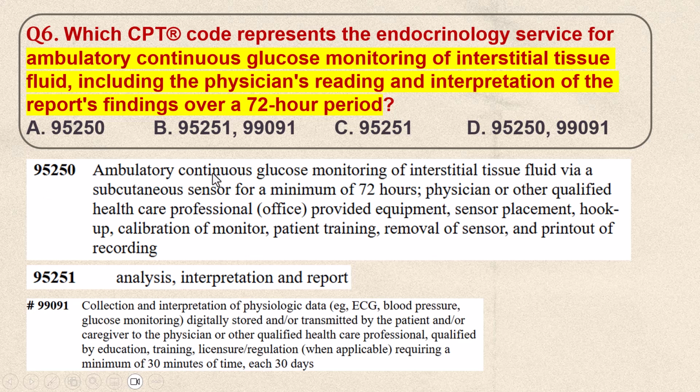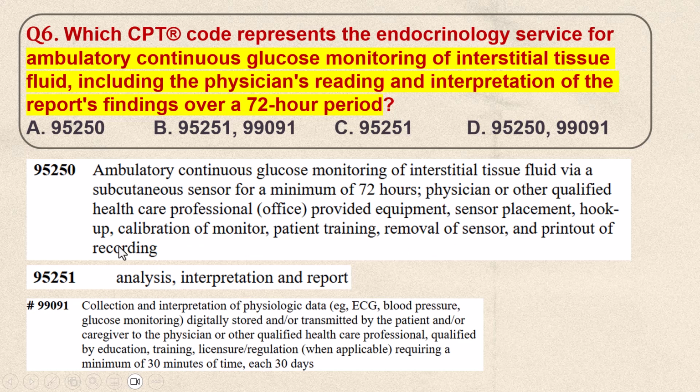95250 is ambulatory continuous glucose monitoring of interstitial fluid via a subcutaneous sensor for a minimum of 72 hours. Physician or other qualified healthcare professional provided equipment, sensor placement, hookup, calibration of monitor, patient training, removal of sensor, and printout of recording.